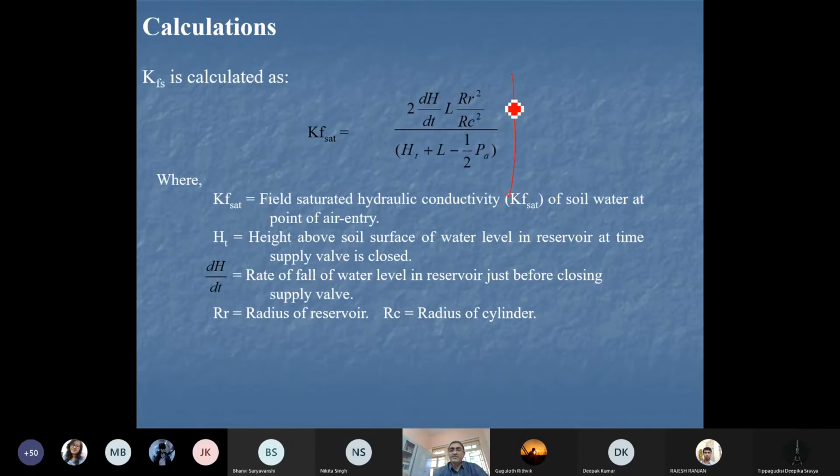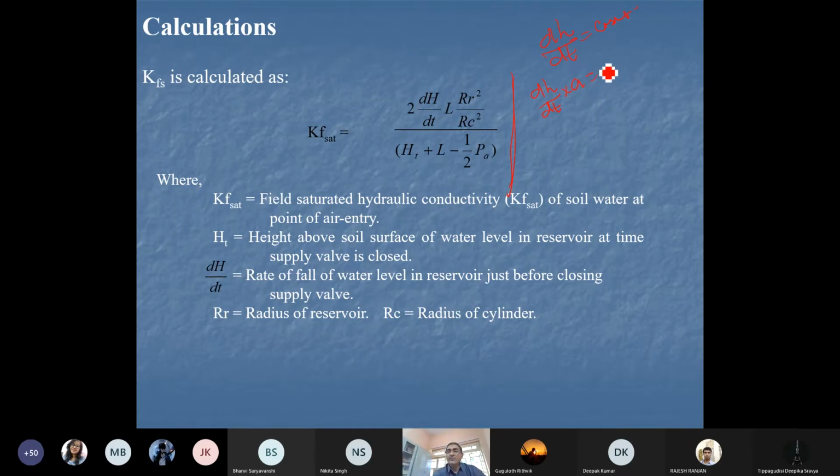And in this way, let me show you this. This is given though, but let me try to make this clear to you. If you are measuring ds by dt as constant, then the rate of fall of water in the reservoir, that is the supply reservoir, is simply ds by dt into the area of the reservoir.